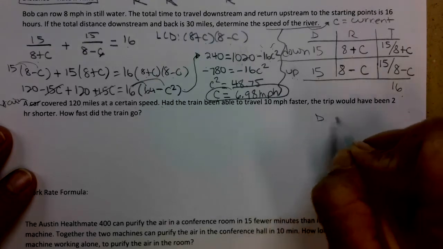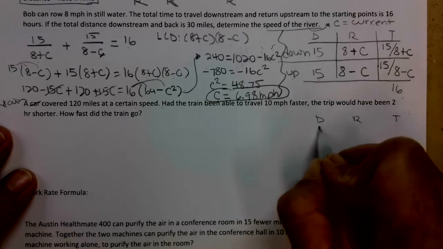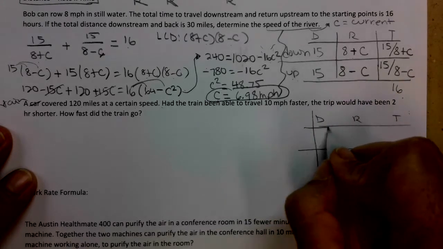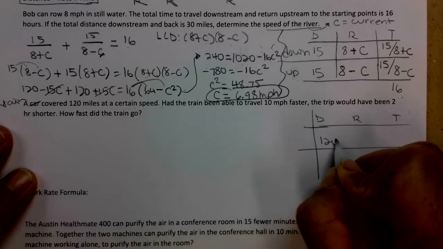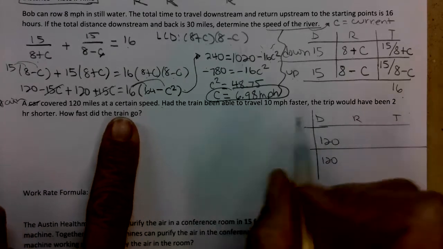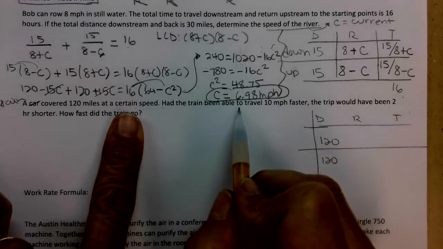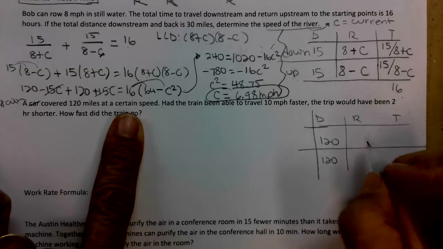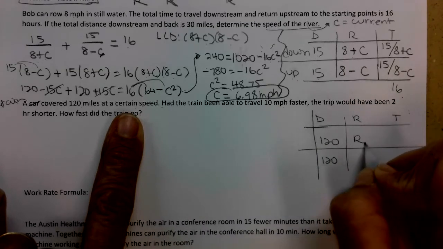So distance, rate, time. So 120, right, that's our distance for both cases. Had the train been able to travel 10 miles per hour faster? So we don't know the speed of the train, so that's our unknown. So R is going to be the rate of our train.